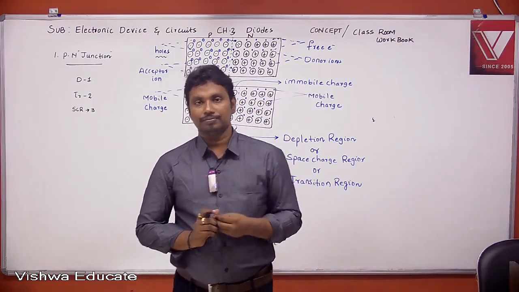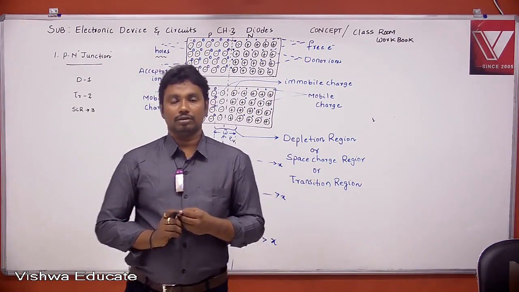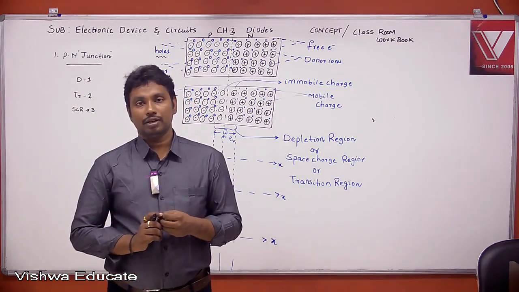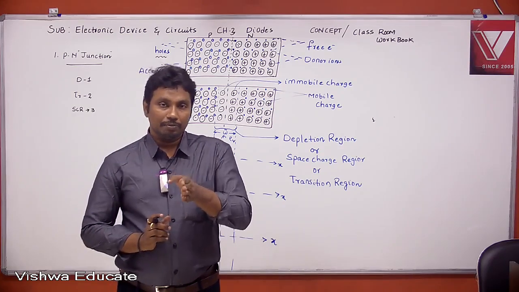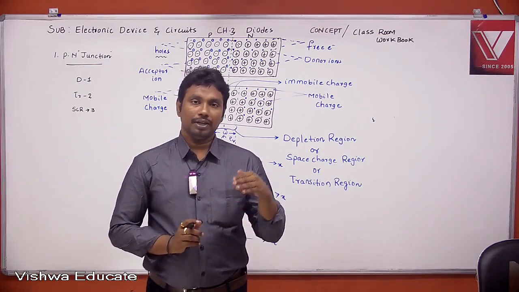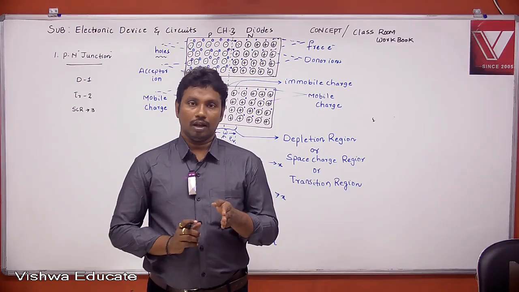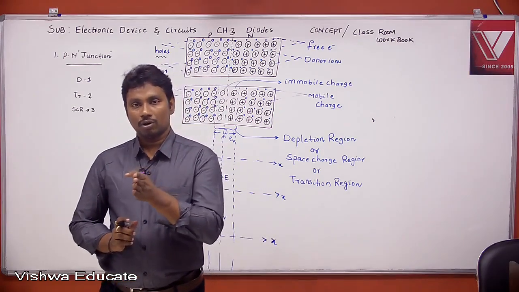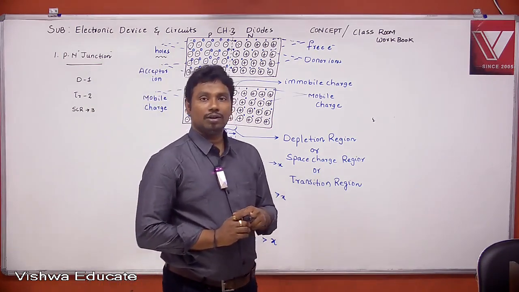Next point. A PN junction is a semiconductor structure which has P-type semiconductor on one side and N-type semiconductor on another side.